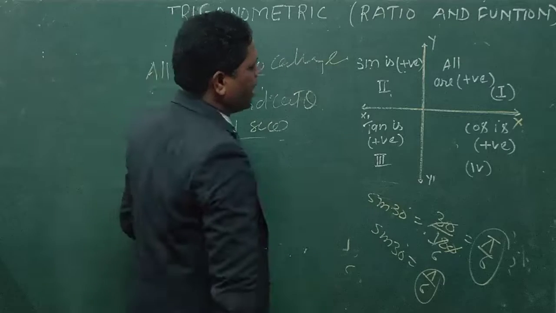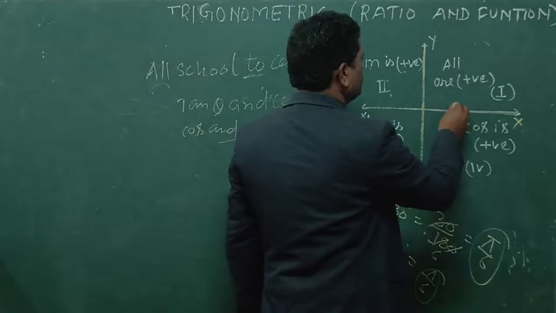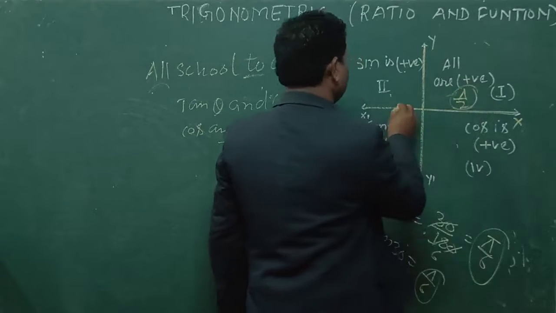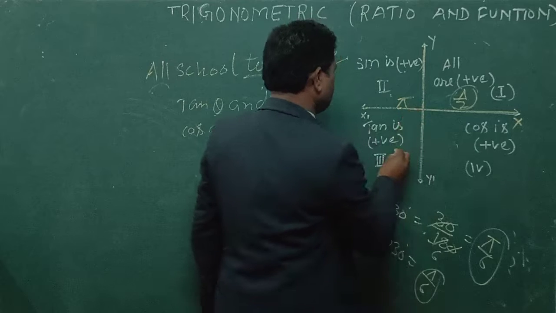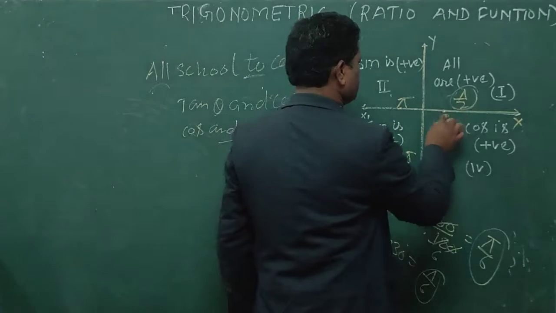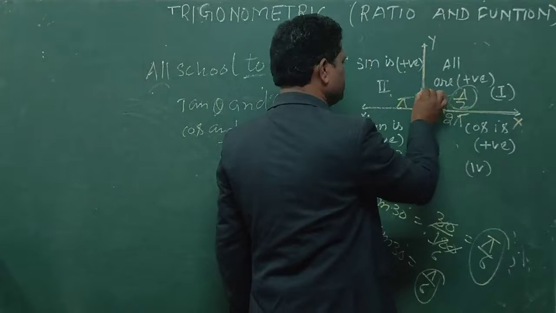Cos and sec are positive, all others are negative. The first quadrant is up to pi by 2, then pi, 3 pi by 2 and 2 pi.